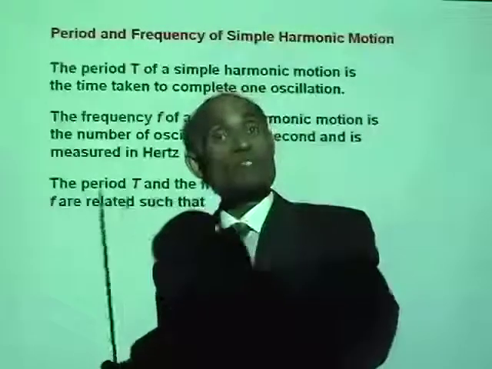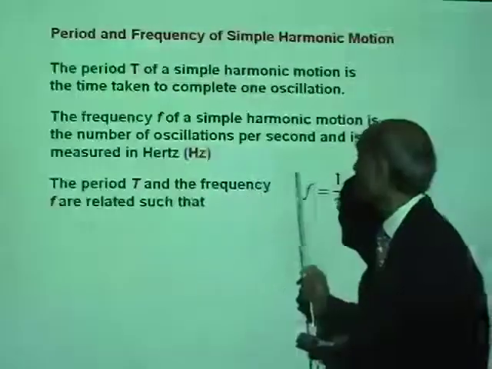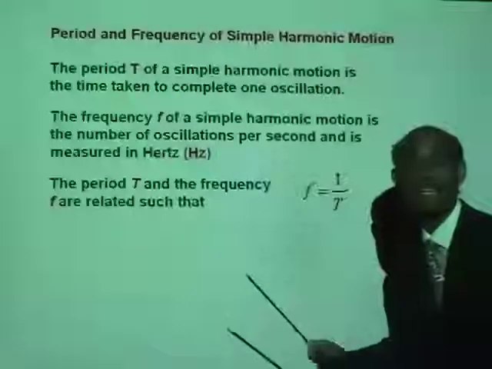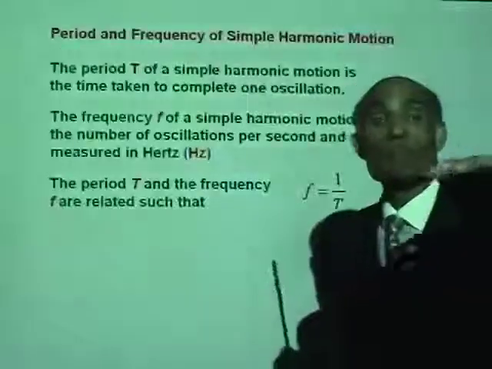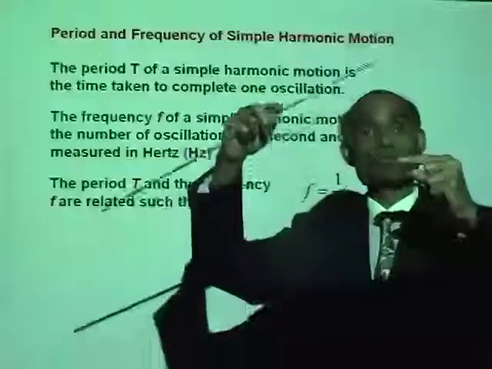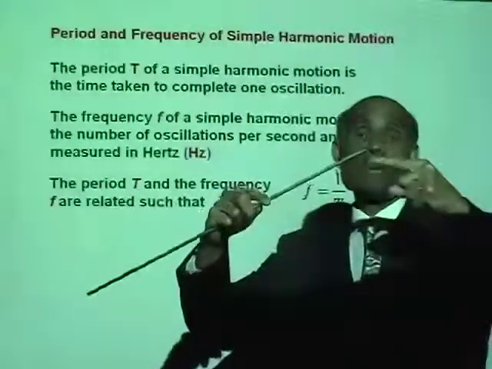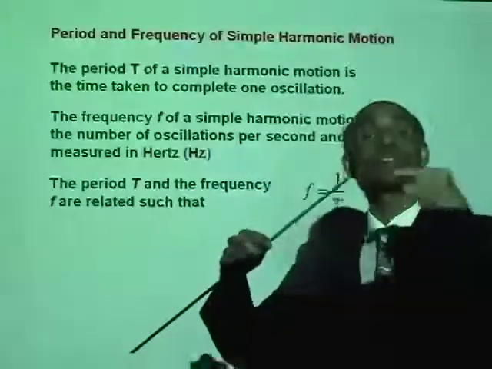One is the reciprocal of the other, or we will have f equal to 1 over T, or T equal to 1 over f. If the period is 2 seconds, if it takes 2 seconds for an object to complete one vibration, then it will only complete half a vibration in 1 second.